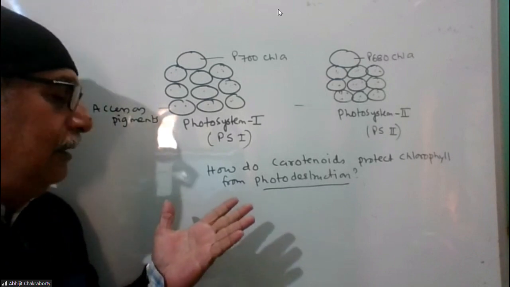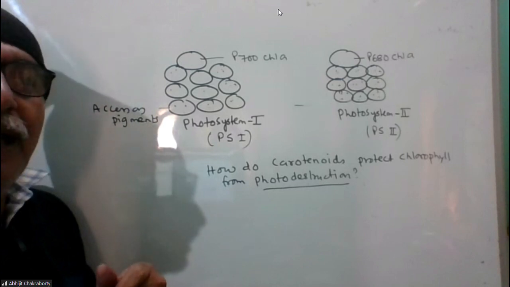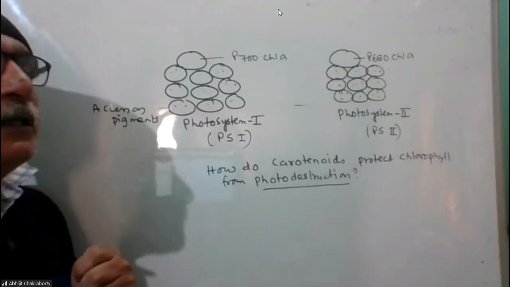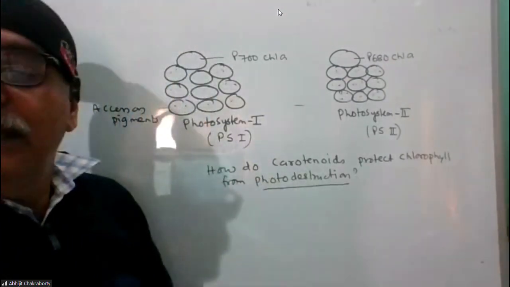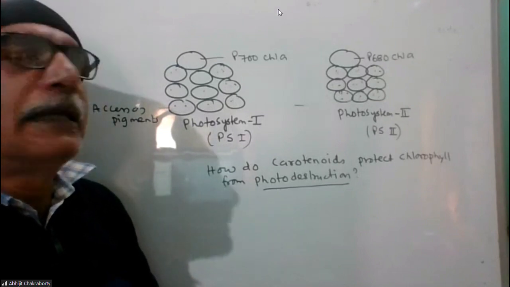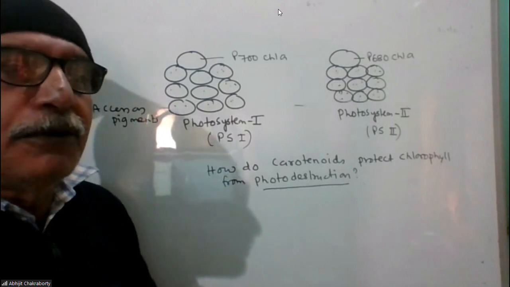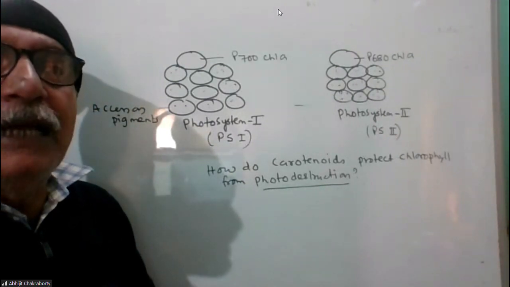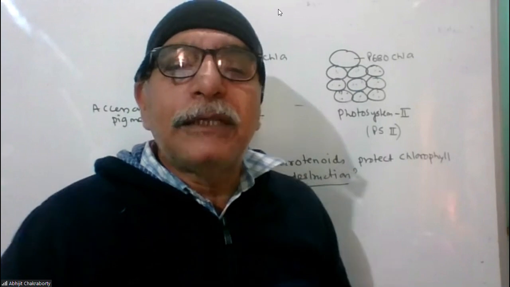Their role is to absorb photons and send them to P700, which I will discuss later on, and the other role is to protect chlorophyll from photodestruction. In photosynthesis, oxygen is produced, and this oxygen is nascent oxygen. Nascent oxygen is harmful to chlorophyll. It can oxidize the chlorophyll molecule, and if the chlorophyll molecule gets oxidized, that is the photodestruction of chlorophyll.